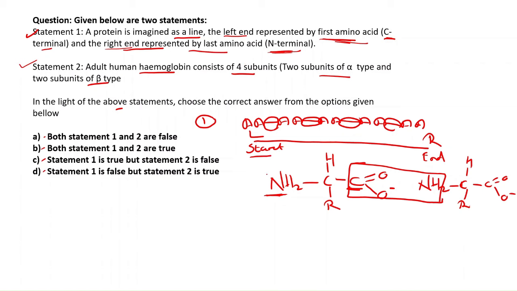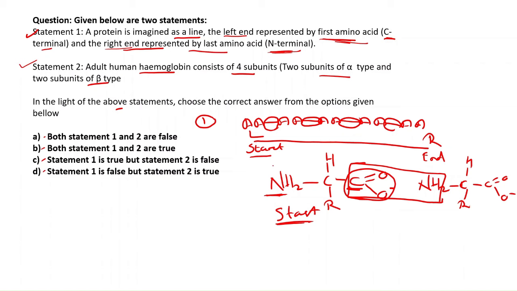So more amino acids are joined by peptide linkages. As you see, this may be the start amino acid. In the start amino acid, the COO minus group was involved in the formation of the peptide bond.